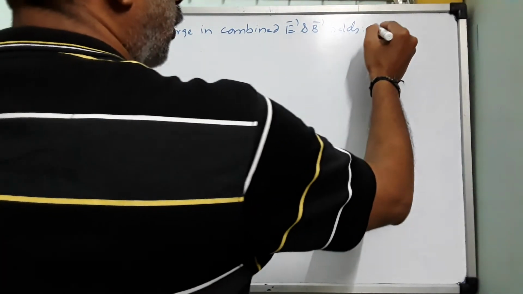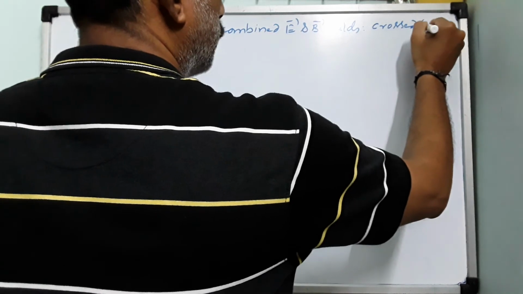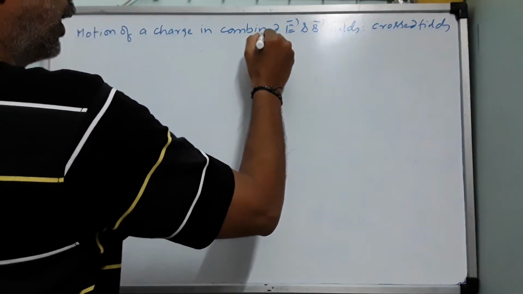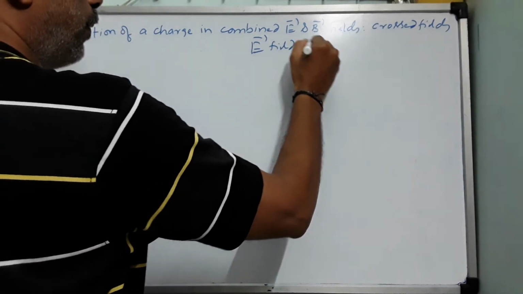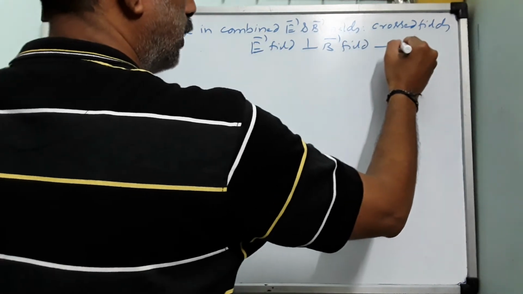They are also known as crossed fields. Crossed fields means the fields should exist perpendicular to each other. Electric field must be perpendicular to magnetic field, then only you will call them crossed fields.